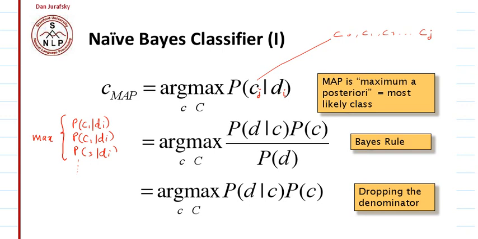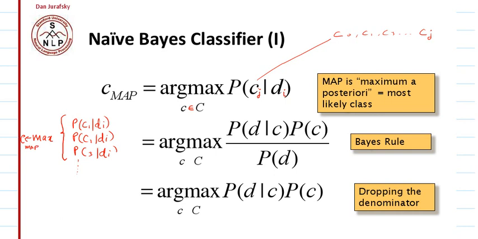Since we are doing argmax on c, I am trying to maximize the probability formula on the basis of c. So this max will return that value of c which has the maximum probability among these, right?